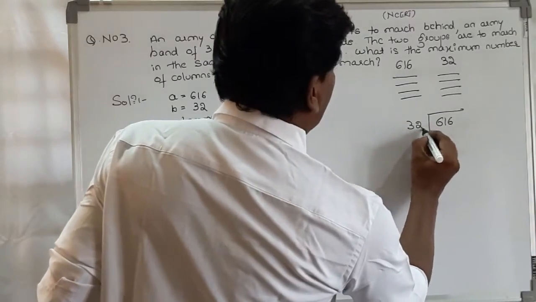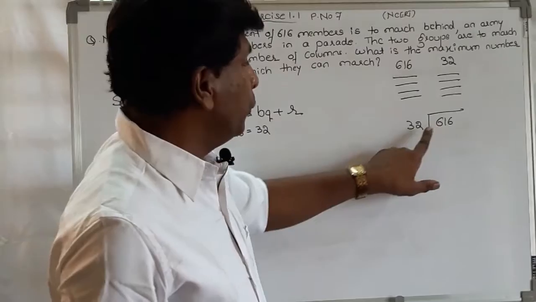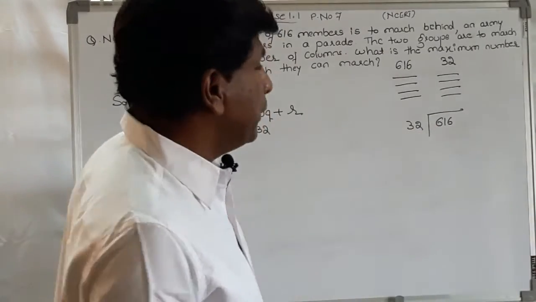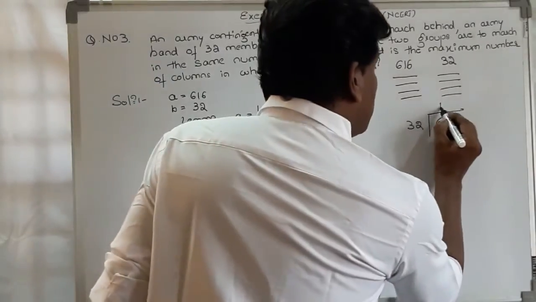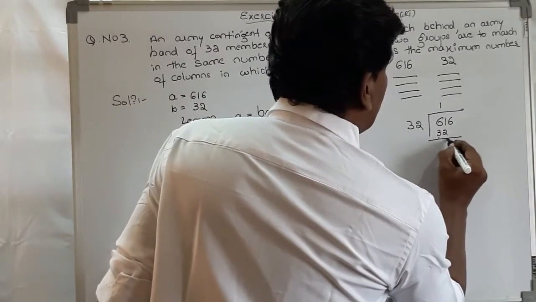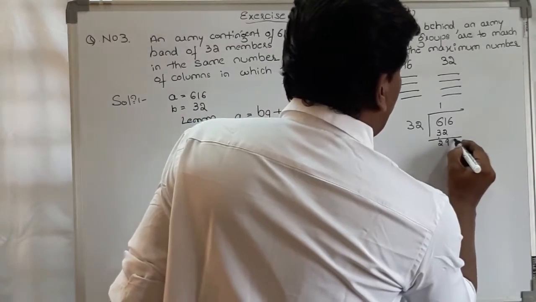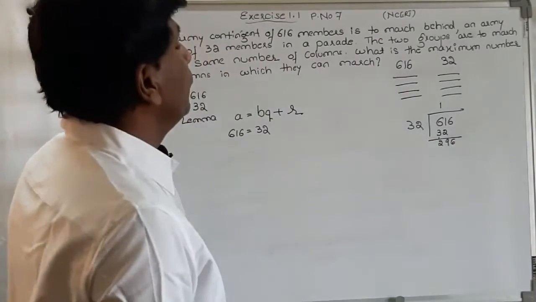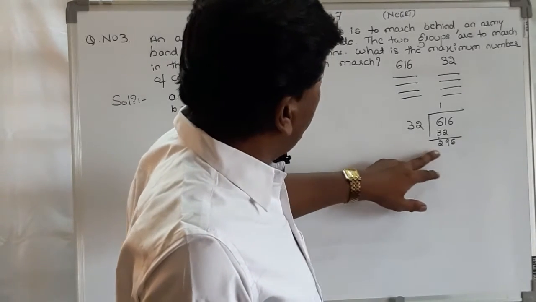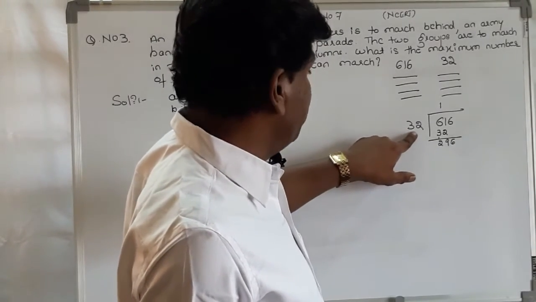We have to select two digits here: 61. 32 twos are 64, which is impossible, so we take 61 only. Then 32 into 9 is 288, so let us take 9, the bigger one.